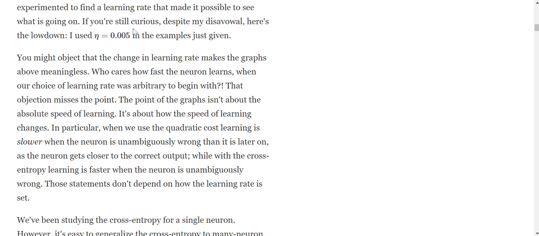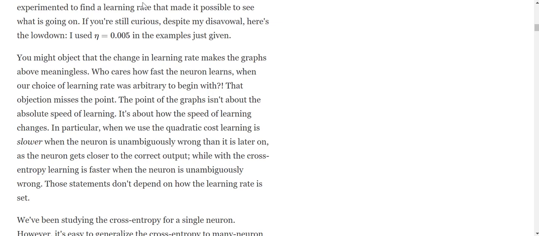Okay, so this was a huge deal to take in. First of all, you can see we used a different learning rate in the cross entropy loss function. So you might say this makes the comparison meaningless. Well, the comparison wasn't to look at the absolute speed of learning, right? What we were looking at is how the speed of learning changes.